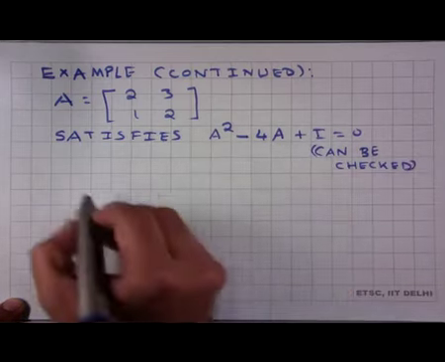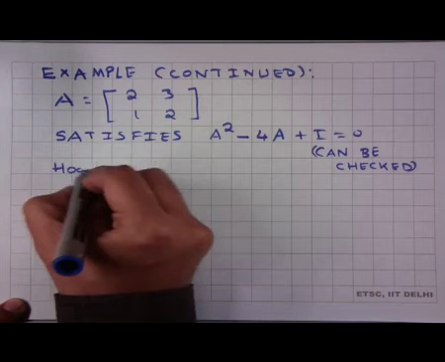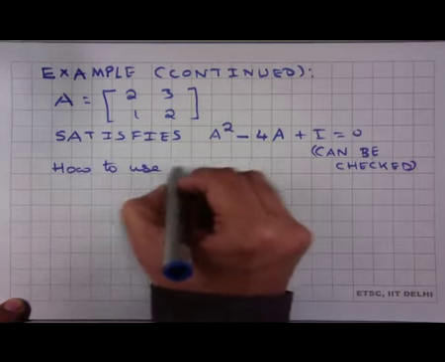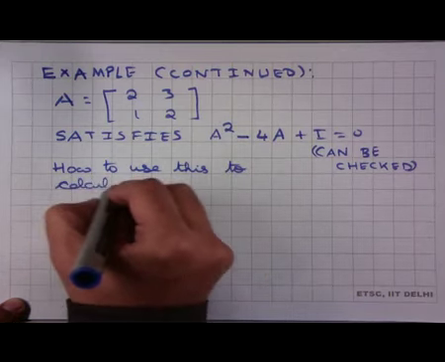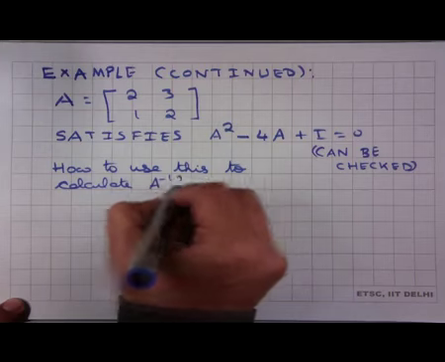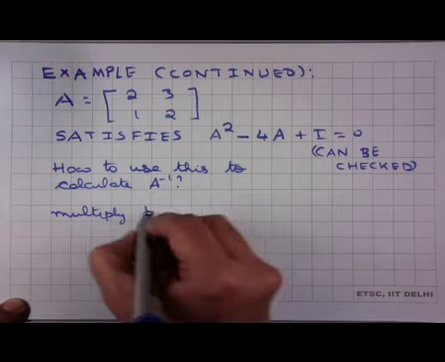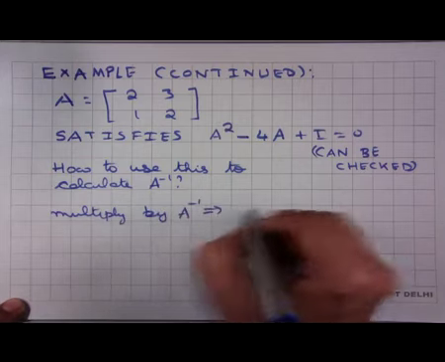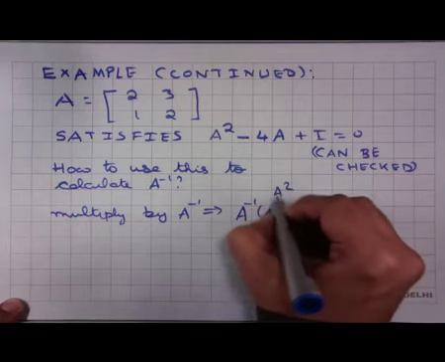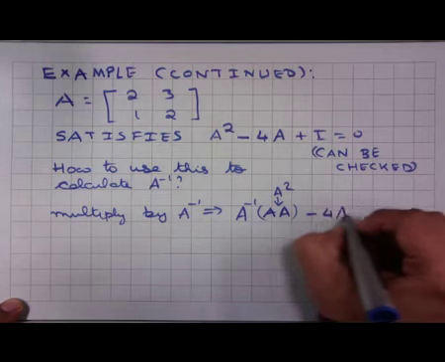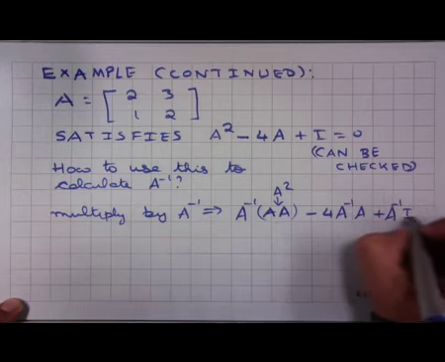How can this be used to calculate the inverse? Well, we can multiply by A inverse. Then we will get an equation like A inverse times A A, so I have replaced A square with A times A, minus 4 A inverse A, so I just took this 4 outside, plus A inverse times I. So, this is 0.